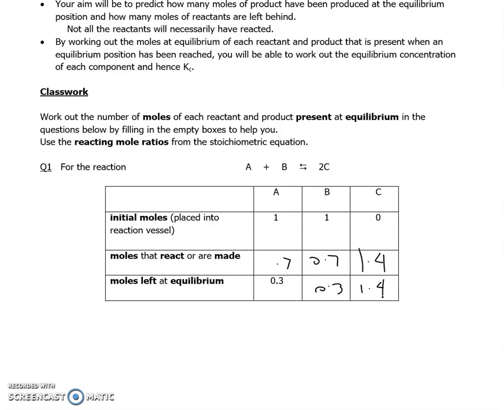So at equilibrium you'll have 0.3 moles of A, 0.3 moles of B, 1.4 moles of C.